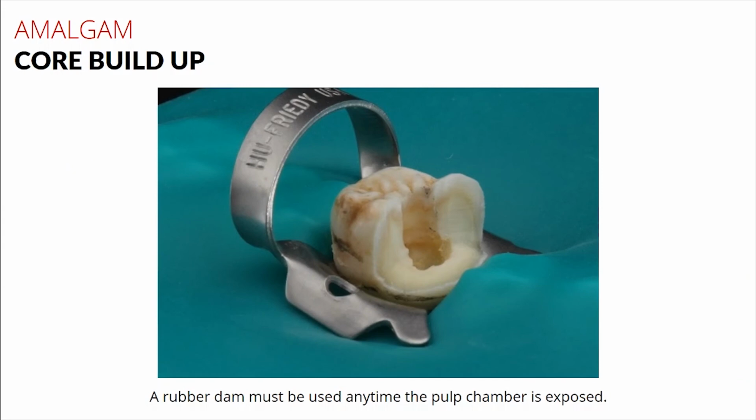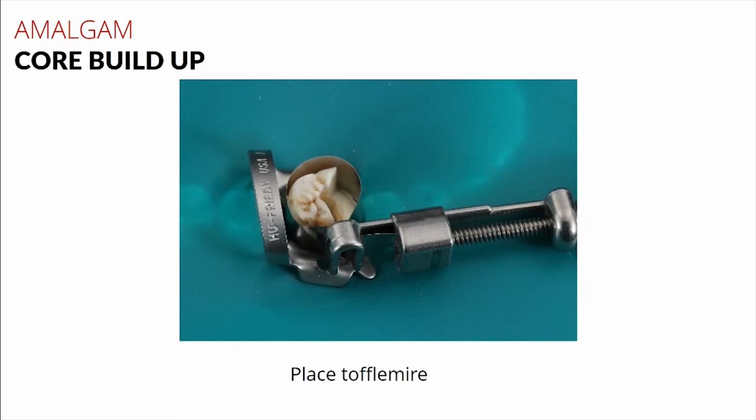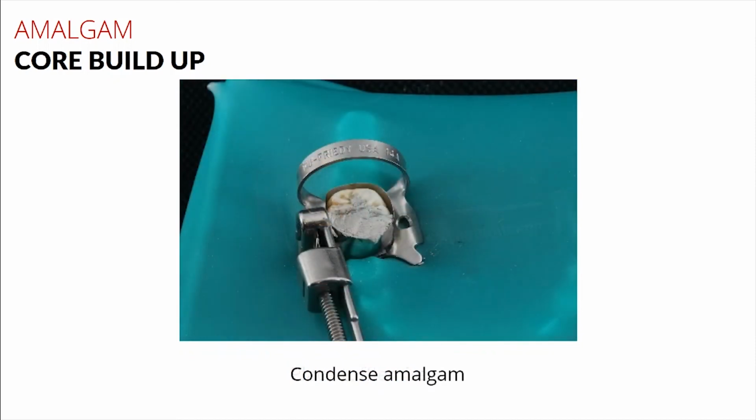Okay. So let me just finish up with these last few slides. Anytime you expose the chamber, of course you want to use a rubber dam to prevent any contamination. Okay, so in the sequence, once you decide that a chamber retained core buildup is sufficient, then what you can do is put a Tofflemire or however else you want to band the tooth, and then you can fill that with, in our case, amalgam, but really it can be any other material.